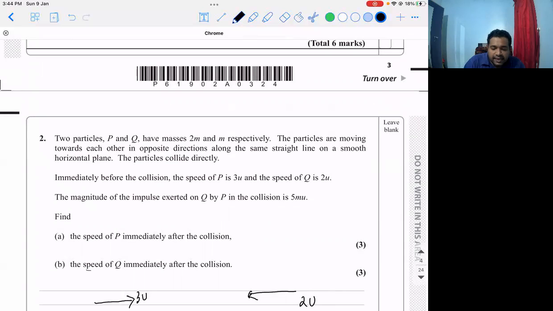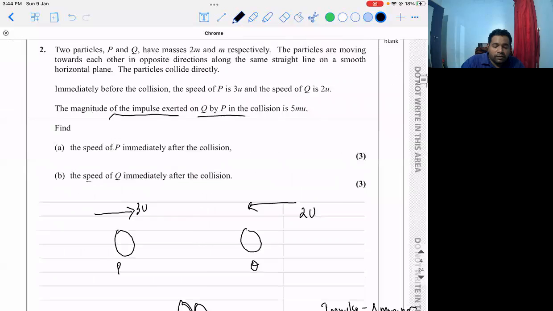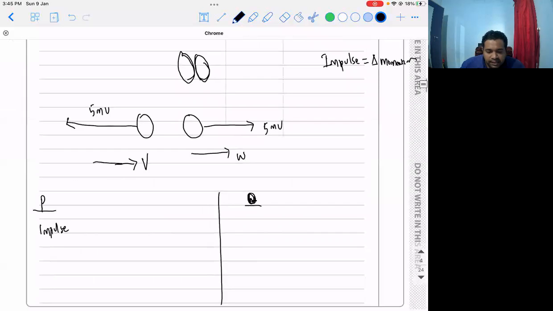The magnitude of the impulse exerted on Q by P in the collision is 5mu. Therefore, the magnitude of the impulse exerted on P by Q is also the same, but in the opposite direction. According to this direction, horizontally moving right we take as positive, and moving left horizontally we write as negative.